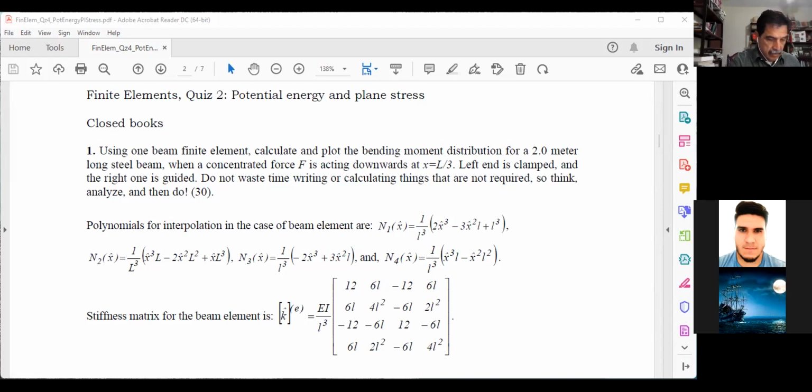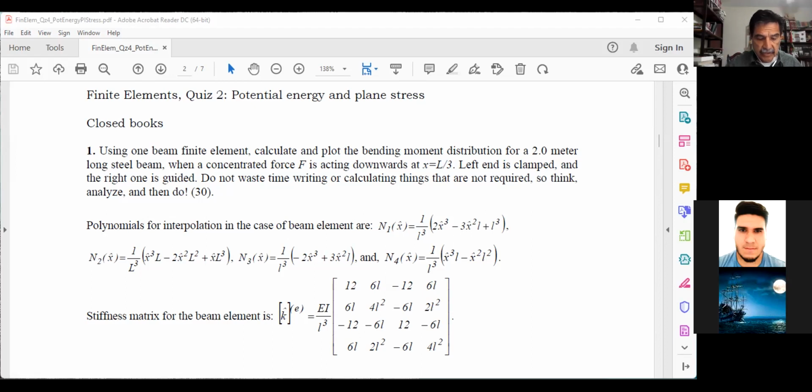Mr. Wacon, please go on. Left end is clamped and the right one is guided. Guided. Okay. So there are the two boundary conditions. It says clearly that the left is what?